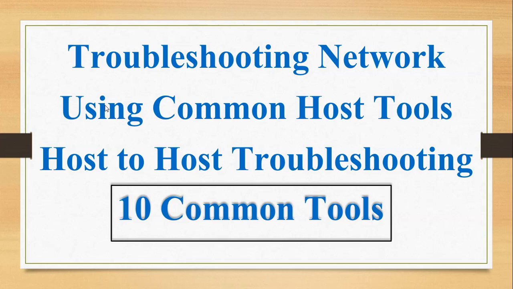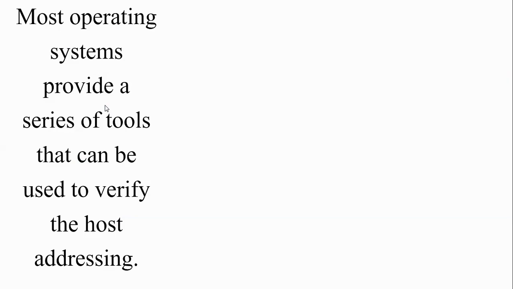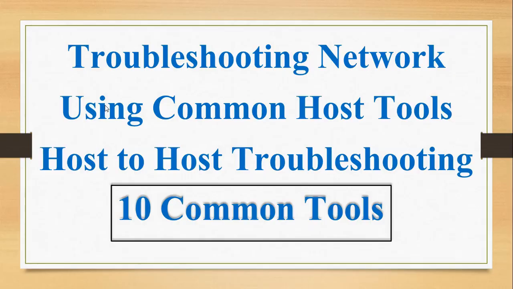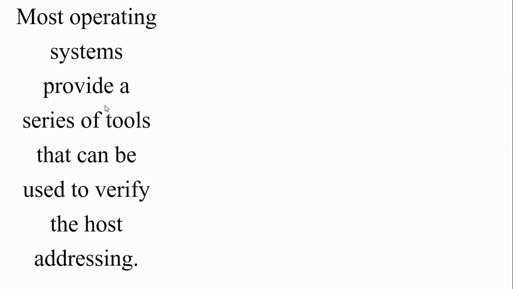So the very first thing you should understand is that here I will be talking about 10 tools. If you are dealing with any device, every device will have an operating system, whether it is Linux, Windows, anything. Any networking device will have something to identify IP addressing, that is the operating system only.